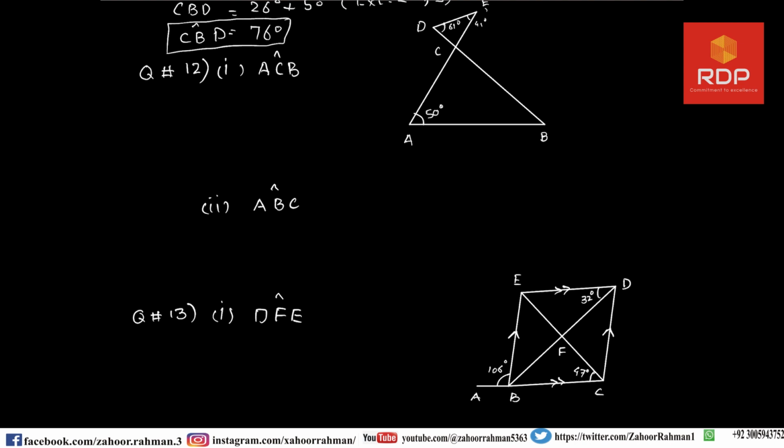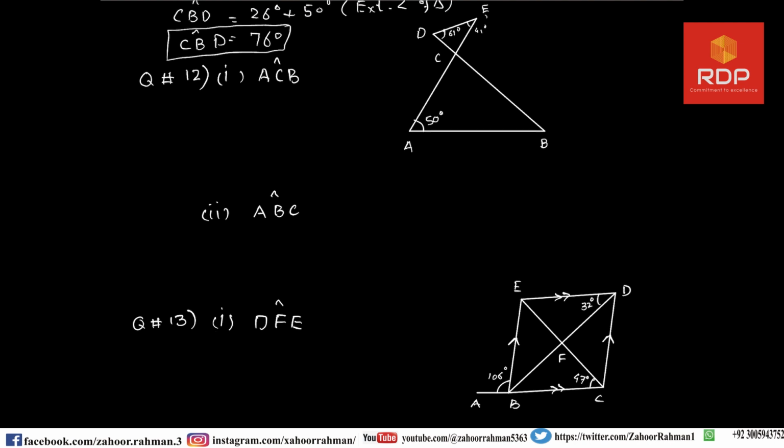First we have to find ACB, which is this angle. Ladies and gentlemen, we cannot directly find this angle because this angle is not given, so we cannot find that from the angle sum of a triangle.